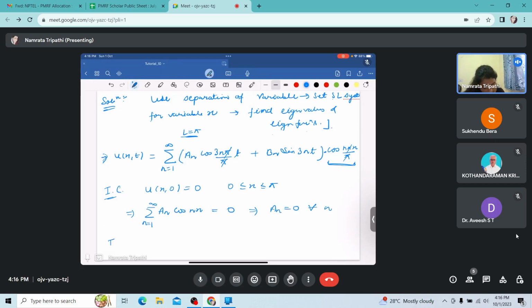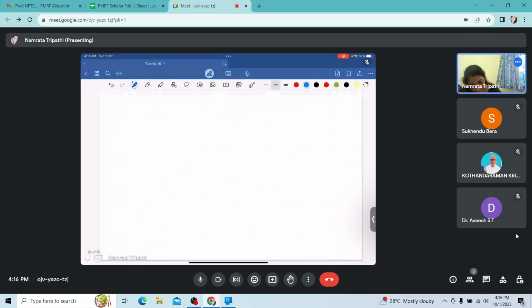And the second initial condition, ut(x,0) is 1 plus cos cube of x. When you differentiate with respect to t and substitute t equals 0, you will get sum of 3n bn cos of nx, n from 1 to infinity.